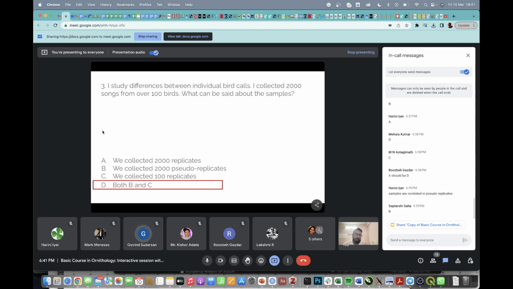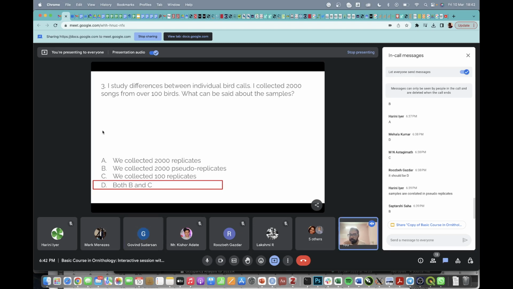There are definitely pseudo replicates, since each individual bird, or at least a few individual birds, have been sampled a lot more than once, or a couple of times at least, but the sample size is still large, and we've compared a lot of them. So option B implies that all 2,000 or most of the 2,000 are from one organism?